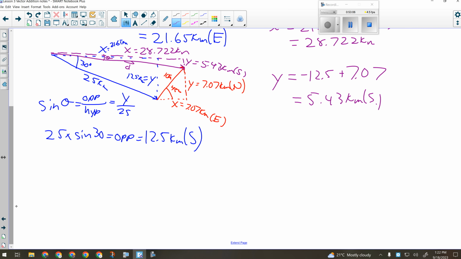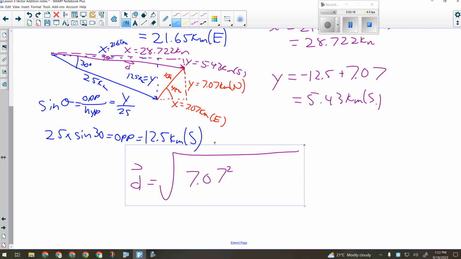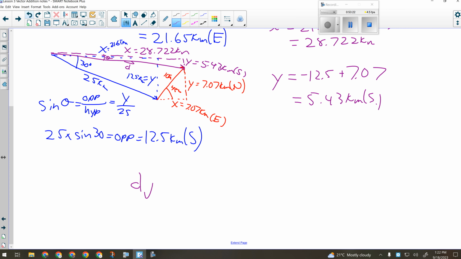All right, so now I want to look at how do I get purple D, or my overall displacement. I take the 2 sides, 5.43 squared plus 28.722 squared.